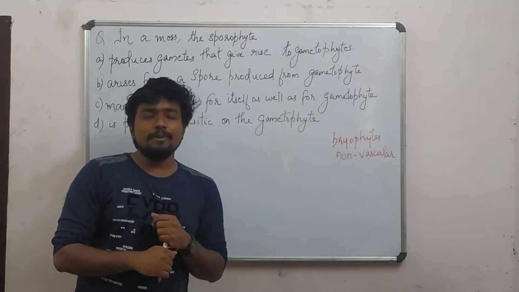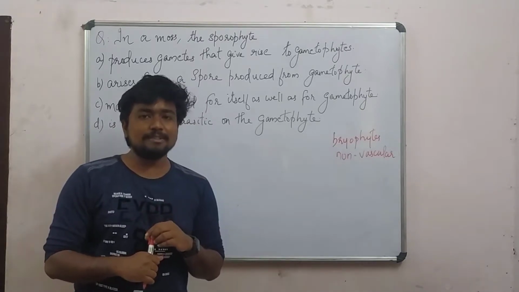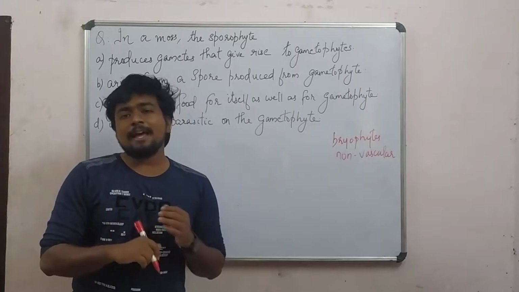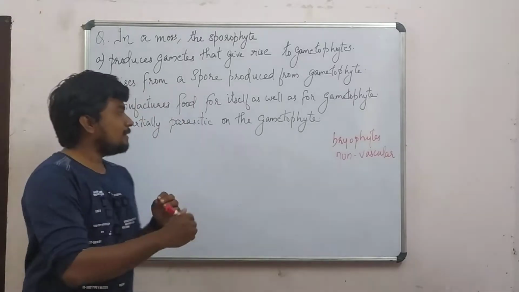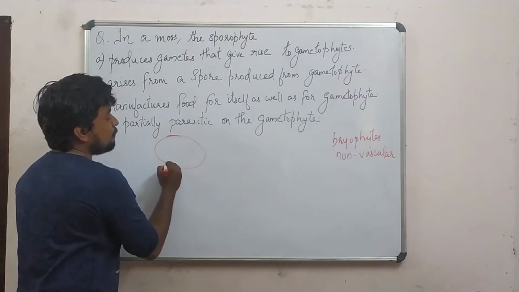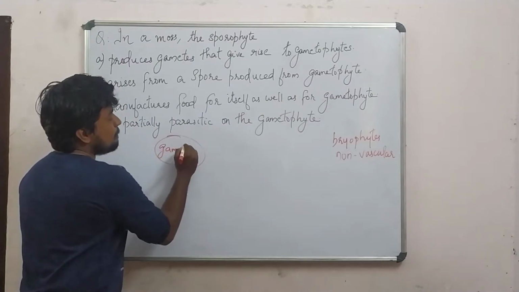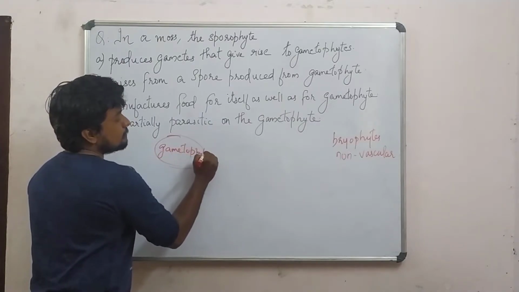Now coming to the plant body of mosses, we know the main plant body is gametophytic. So this gametophyte constitutes the main plant body of the mosses.